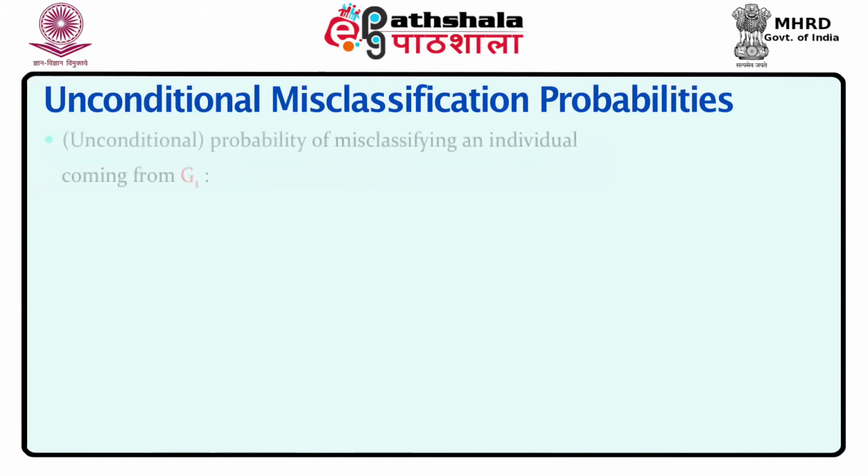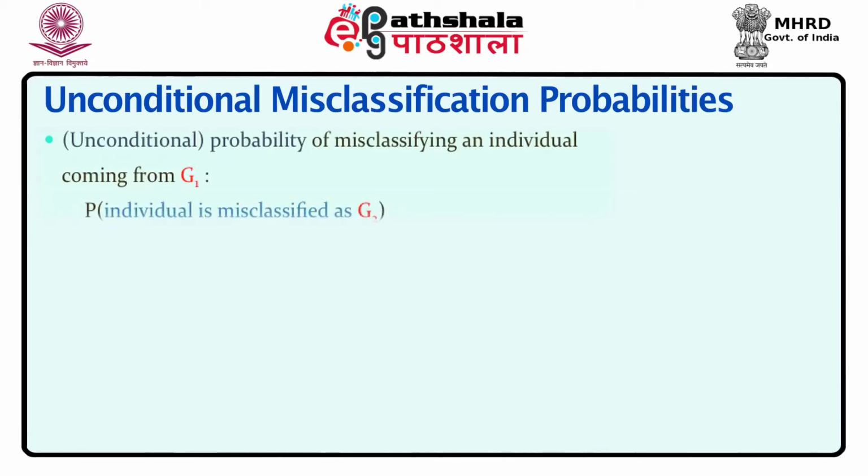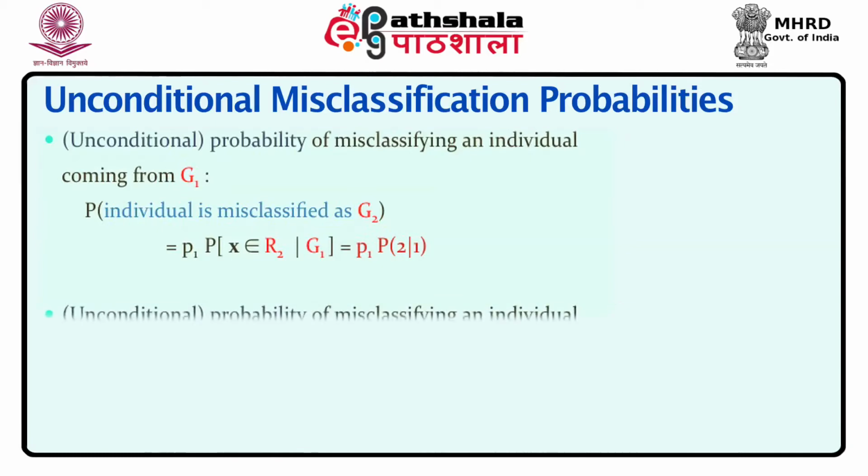To find the unconditional misclassification probabilities, the probability of misclassifying an individual coming from G1 is the probability of his lying in R2 given that he has come from G1, times the probability of his coming from G1. So it's basically an intersection of two things. The individual comes from G1 and he has been classified into the region R2.